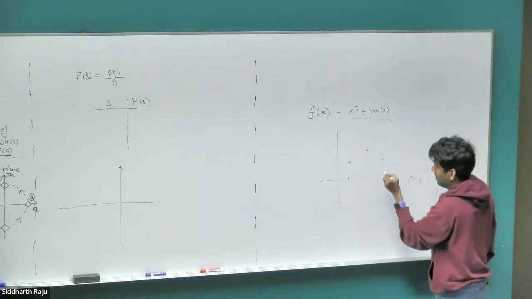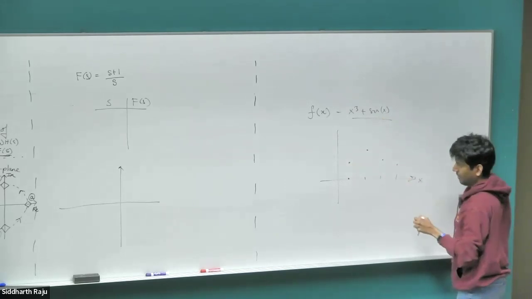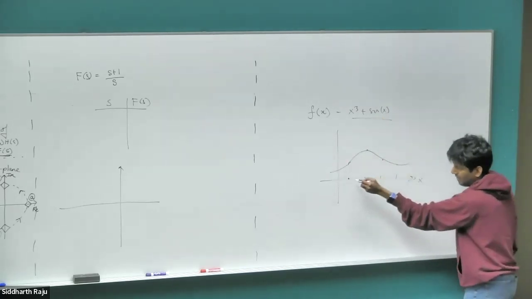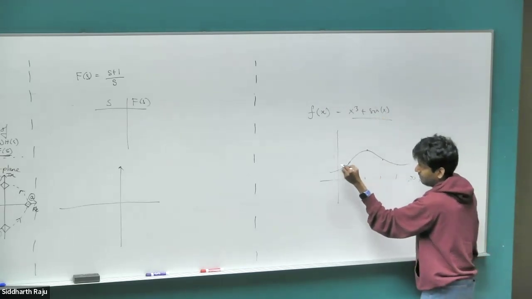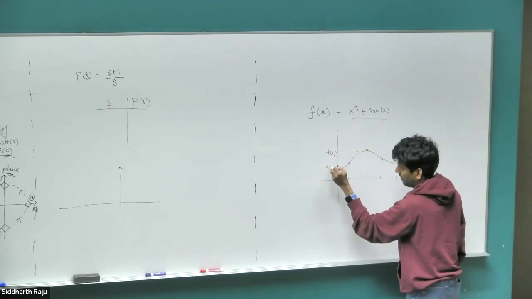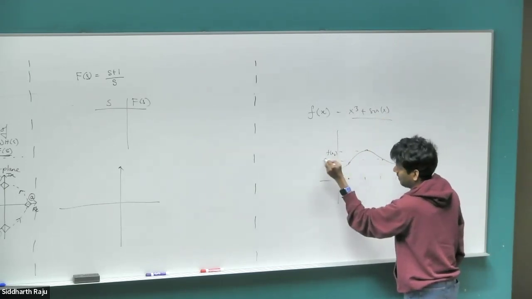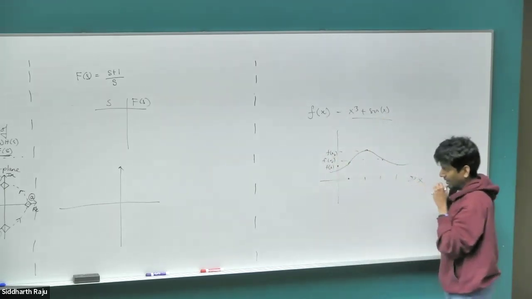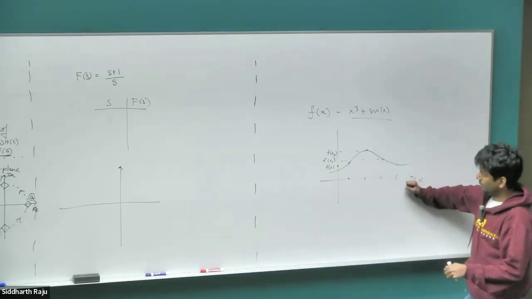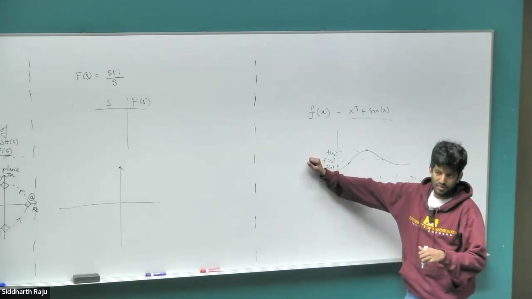Of course, this is not the actual function, I'm just doing an example. So we take different values of x, substitute them, and get different values of f of x. So this is f of x2, f of x1, f of x3, and so on. In this case, it's pretty straightforward to plot because it's one real variable mapping into another real variable.